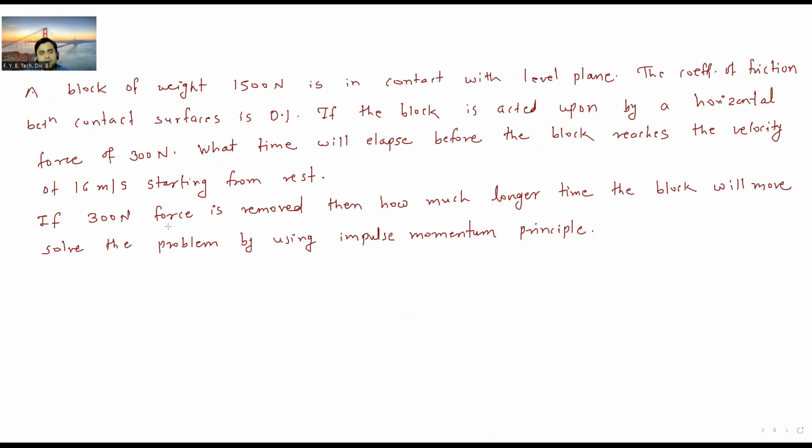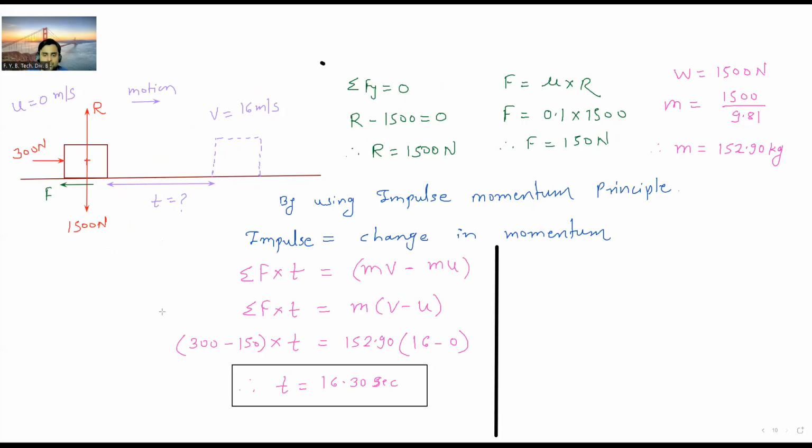Now, if 300 Newton force is removed, म्हणजे हा 300 न्यूटन लावलेला फोर्स आता काढलाय. ओके, म्हणजे इथपर्यंत आला आणि इथं आल्यावरती हा 300 न्यूटनचा फोर्स काढून घेतला. तर ह्याची वेलोसिटी परत 0 व्हायला किती वेळ लागेल म्हणून त्यांनी विचारलं.